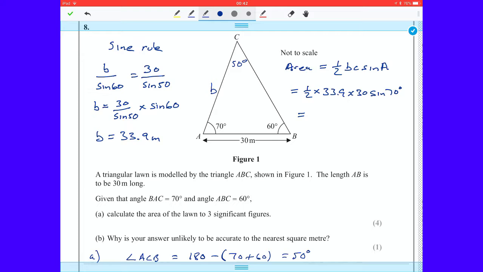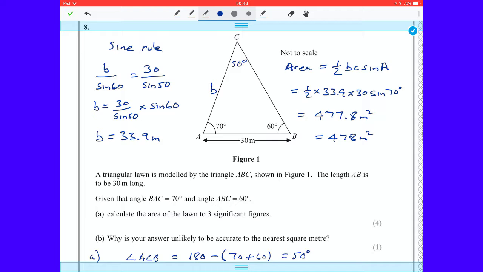And if we put that in the calculator, we get 477.8 meters squared. And to three significant figures, that's 478 meters squared.